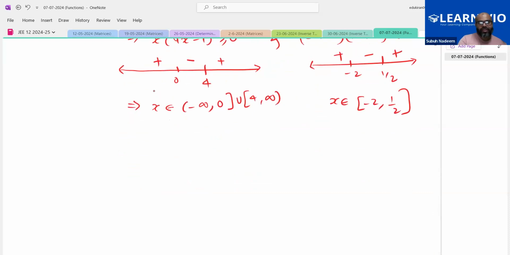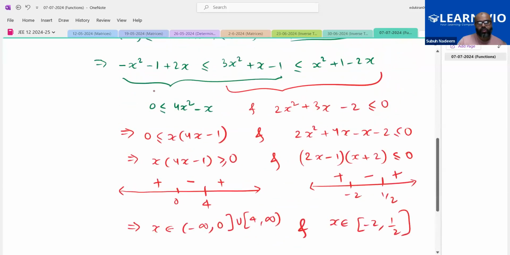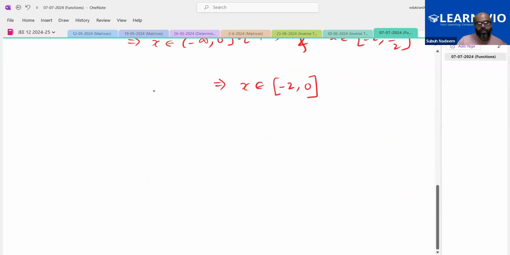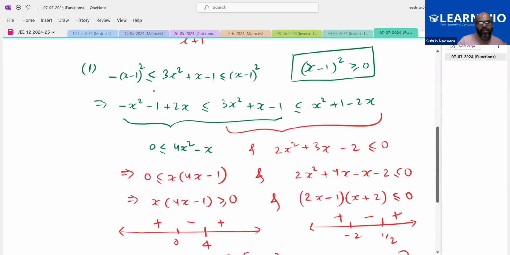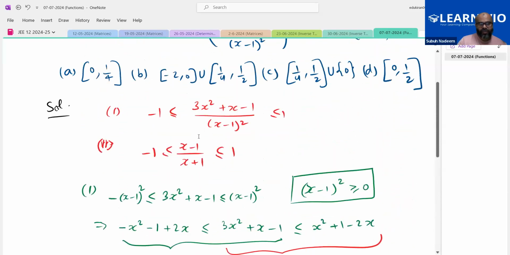Now if we take the intersection of both of these, we will get x belonging to minus infinity to 0 and then minus 2 to half. So the common portion will be minus 2 to 0. So this is the condition from the first one.